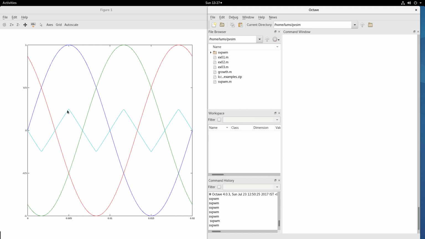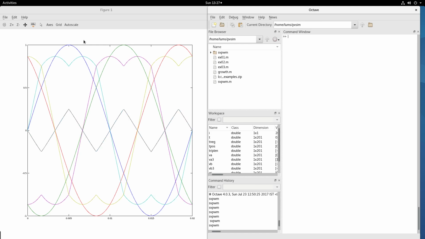So you can safely add triplen harmonic. To this fundamental I subtract this triplen. What happens? To each of the original fundamental waveforms I subtract this triplen, and you see it becomes something like this.